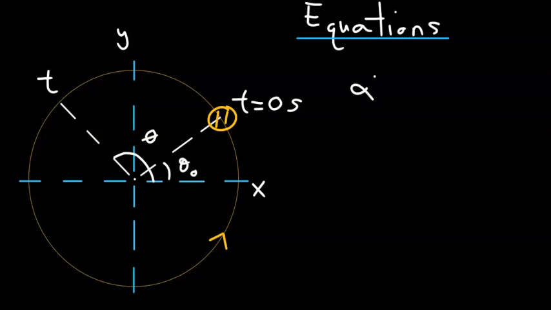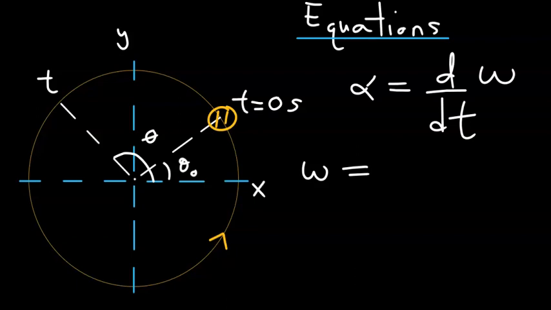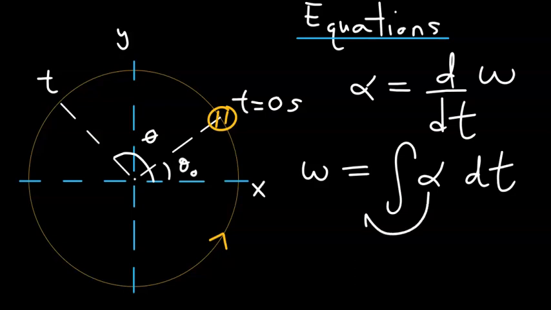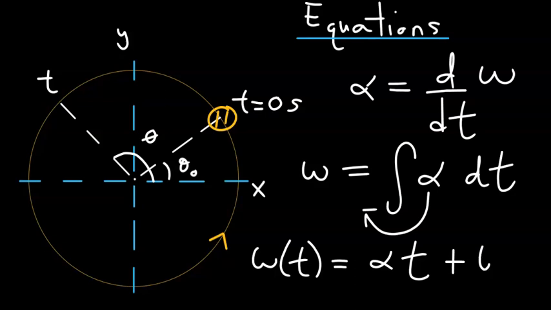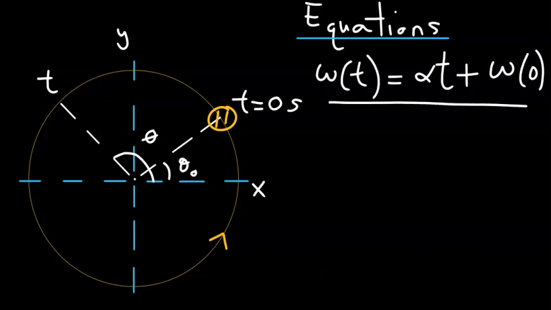Since we know alpha is defined as the time derivative of angular velocity, we can write down angular velocity as an integral of angular acceleration with respect to time. Now, because alpha is a constant, you can take that alpha out of the integral sign, leaving you the following equation. Alpha integrated with respect to time is alpha t, plus the value of angular velocity at time t equals 0. So this is the first equation of rotational kinematics.